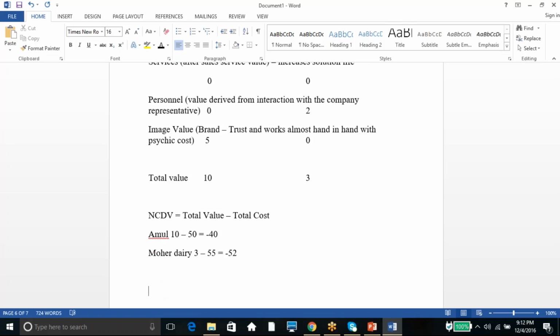So for the NCDV to shift from Amul to Mother Dairy, you actually need a discount of above rupees 12, which is what is likely to make this customer shift from Amul to Mother Dairy.